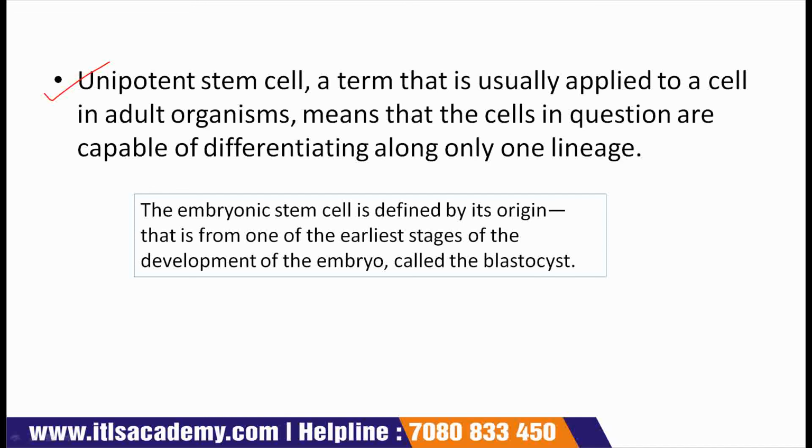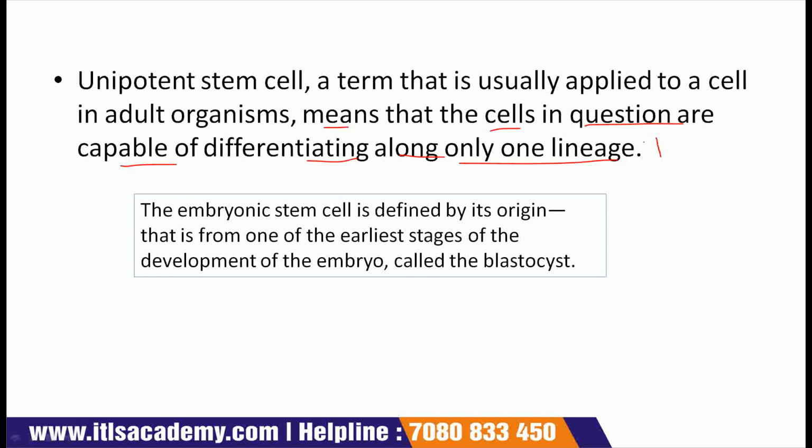Next comes a unipotent stem cell. As the name indicates, if we divide it in two parts, then it comes uni. Uni means only one. So the unipotent stem cell, a term that is usually applied to a cell in adult organism, means that the cells in question are capable of differentiating along only one lineage.